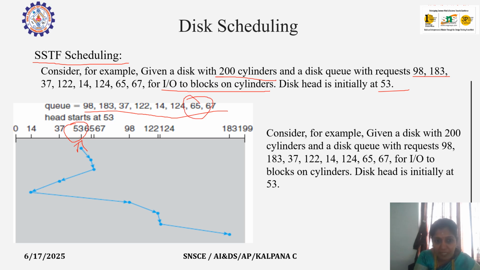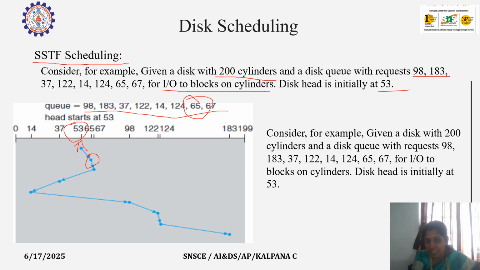So after reaching 53, your head position is 53, and from 53 it is easy to switch to 65. That is the meaning. The seek time is only 12. So we are moving from 53 to 65.